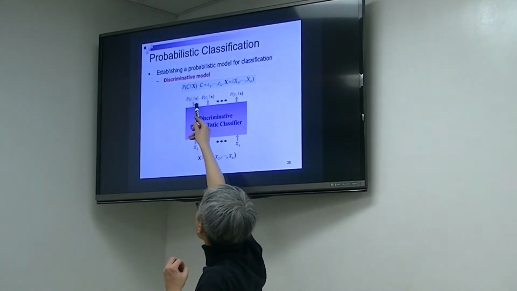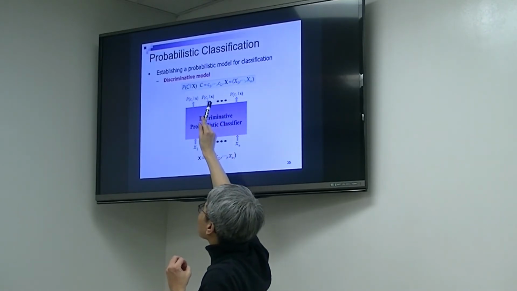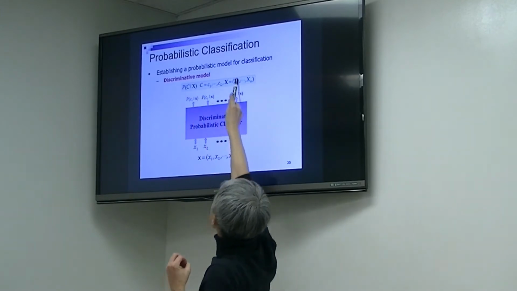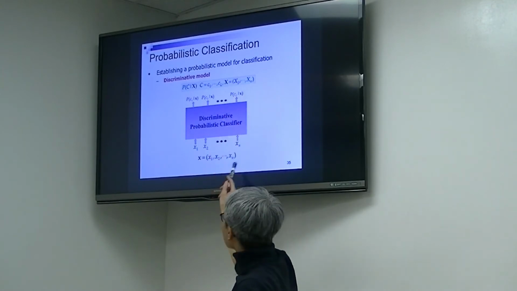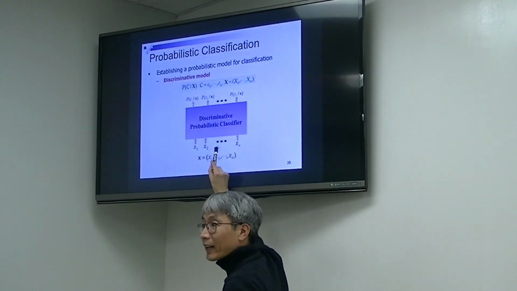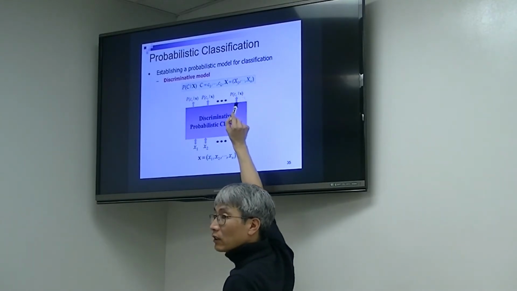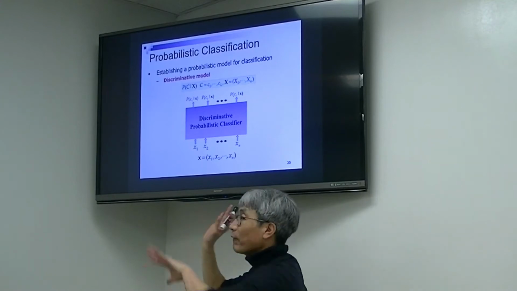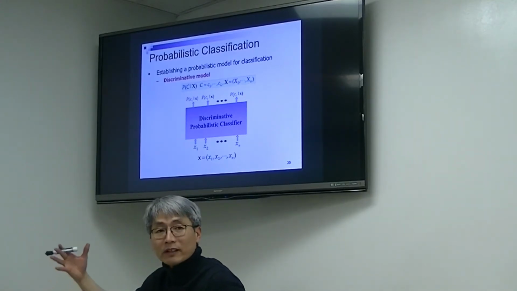Car, cell phone, computer. And this one is the highest. Then we can decide. So this guy, X data, will buy cell phone because it's the highest value. At that time, this is the discriminative model.